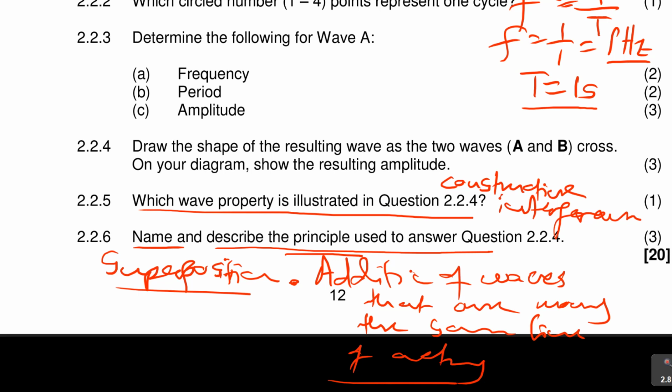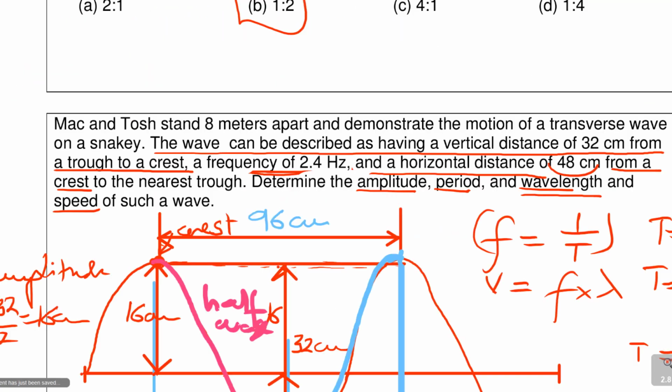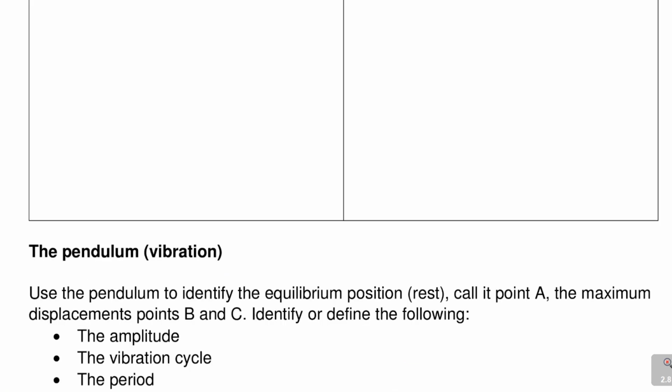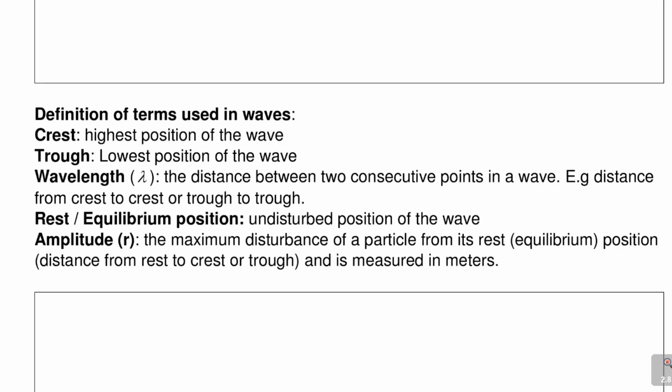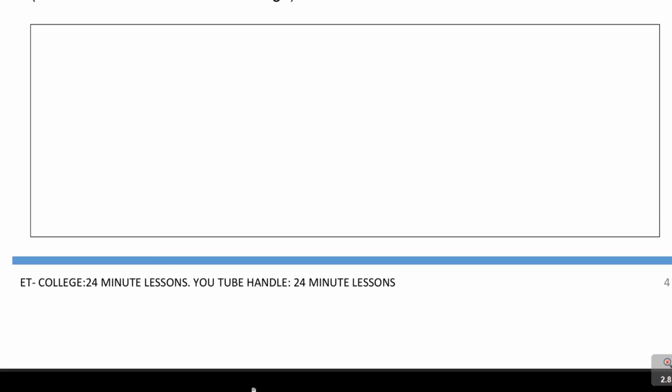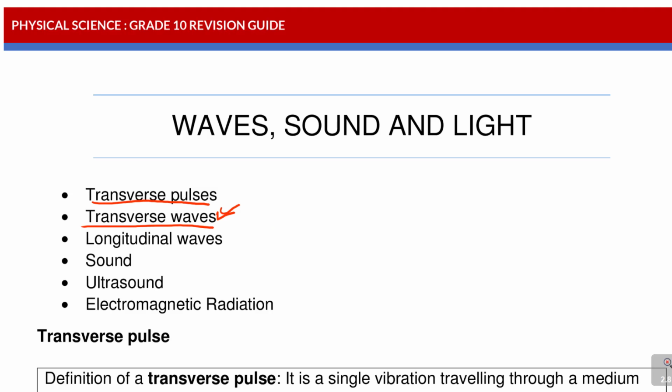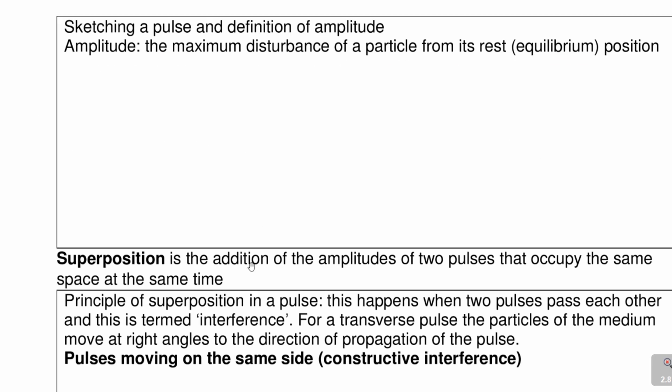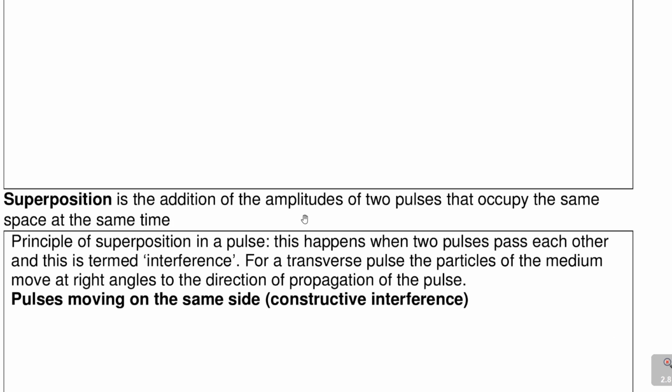But I think the best one is, let's go to the definition of superposition here. What did you say? I'm looking at that. Superposition, do we have it? It's before that. Then there: the addition of the amplitude of two pulses that occupy the same space.